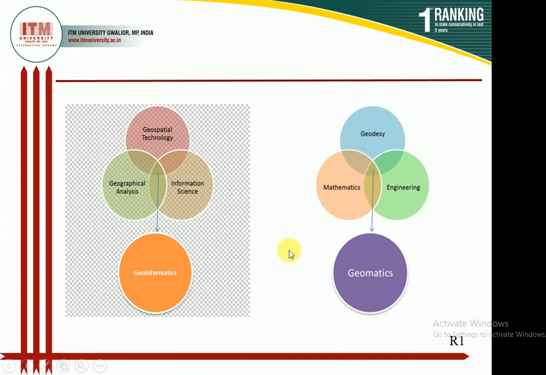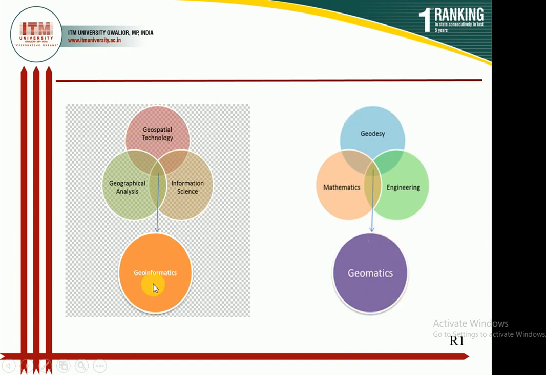Here is a graphical representation of geomatics and geoinformatics. Geomatics considers three disciplines: geodesy, mathematics, and engineering. Geodesy is the mathematical study of the earth's features, and this branch of science deals with the surveying of land patterns.